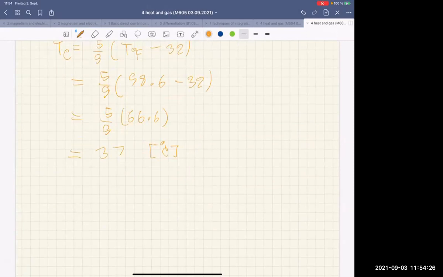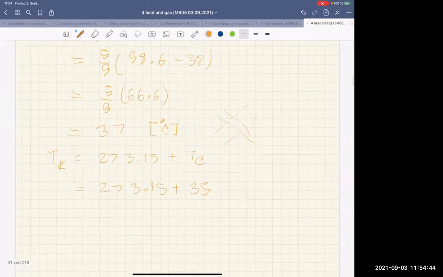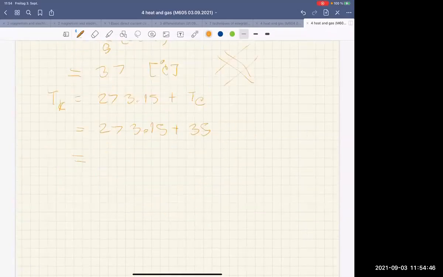Okay, and the temperature in Kelvin is going to be 273.15 plus TC, which is 273.15 plus 37, and it's going to be 310.15 Kelvin, okay, and that's it.